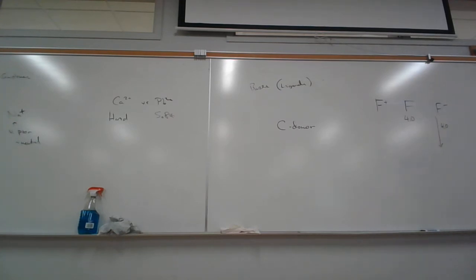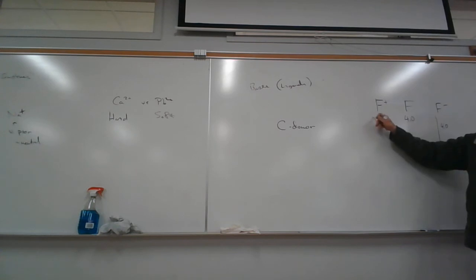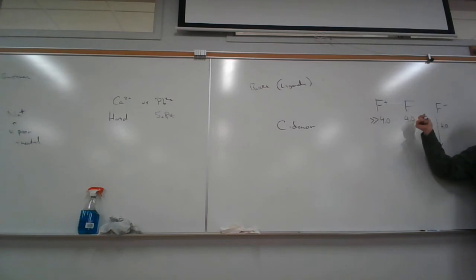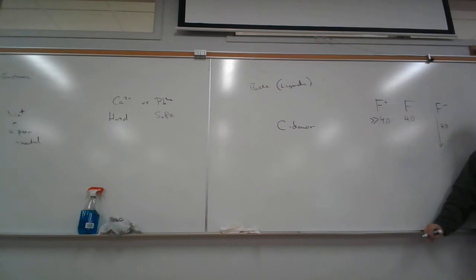Oxygen only has 8 protons. Fluorine has 9 protons. Same number of electrons. It's going to be much more electronegative than oxygen. In fact, this is going to be much more electronegative than fluorine. This is going to have electronegativity greater than 4.0, probably significantly greater, because fluorine was already the most electronegative, and then you put a positive charge on it and make it lose an electron, it's going to make it much greater.